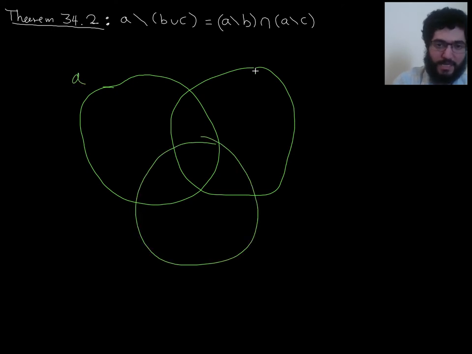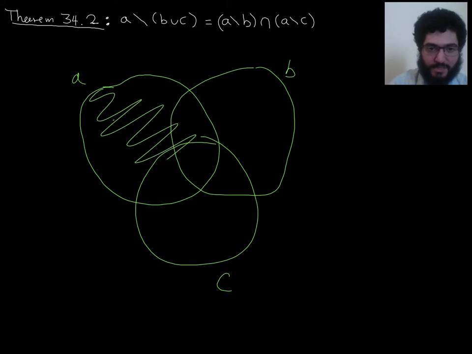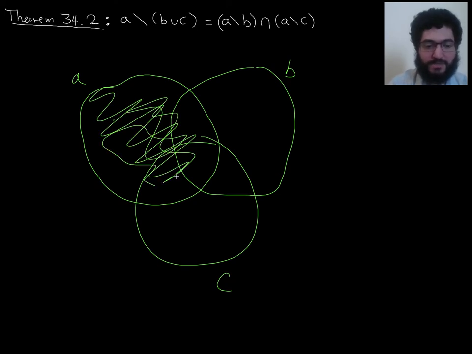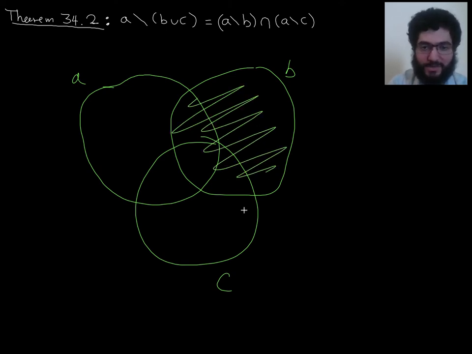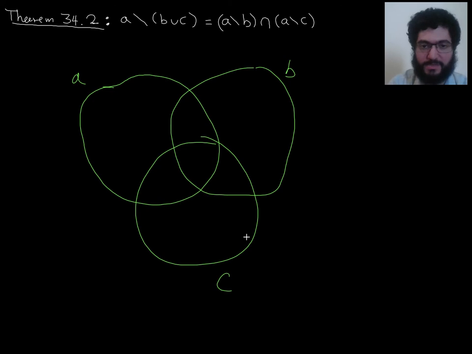So this one is A, this one is B, and this one is C. What I mean by this is, imagine that A is a bag of stuff, but I'm depicting that as all the stuff is just points on this, pixels on your screen. Everything inside here, those are all elements of A. So like this pixel, if this were one pixel, that pixel is an element of A. So is that, so is that, and so on. All the pixels on your screen here are elements of B, and all the ones here are elements of C.